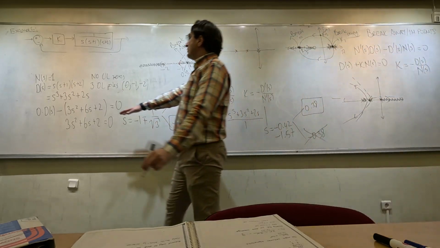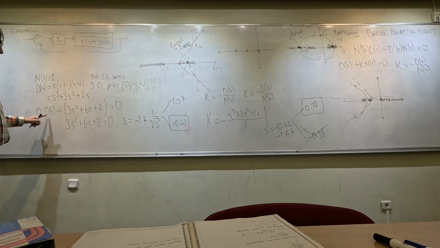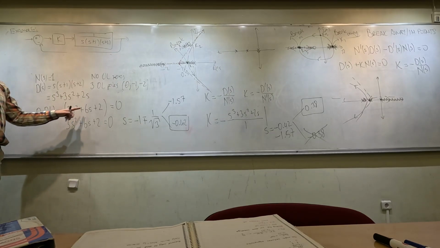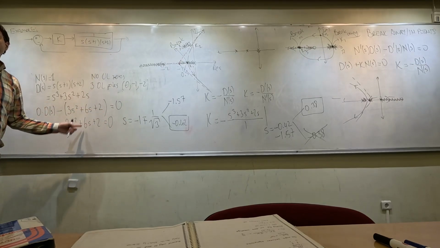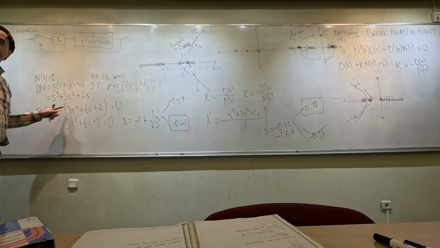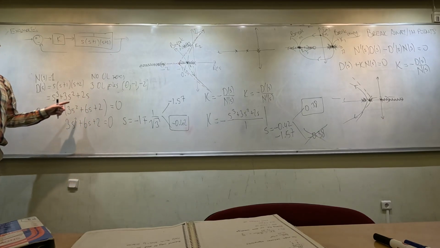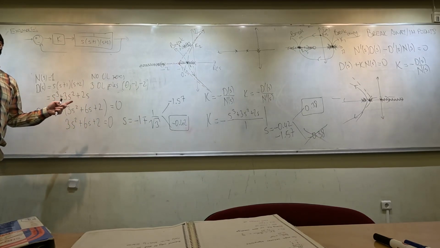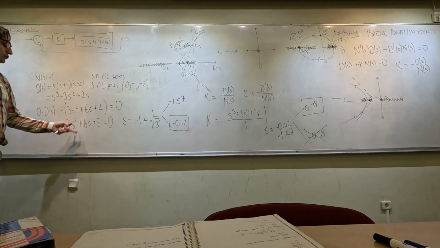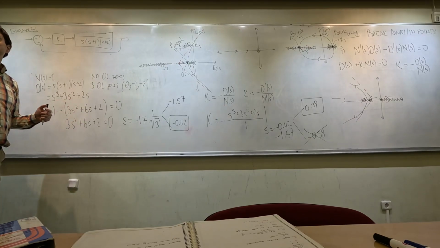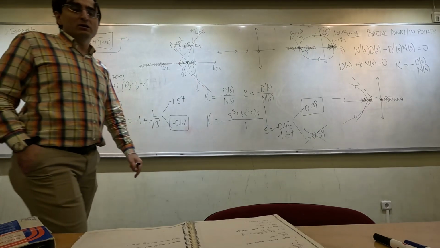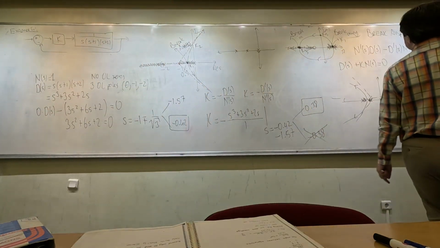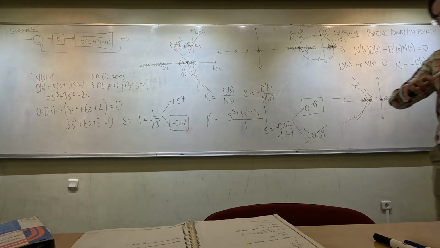Sometimes, if you calculate this polynomial n prime times d minus d prime times n, you might need to use a computer in order to find the roots, because usually this polynomial would have a really high degree, and the only possibility for finding those roots would be just to use a computer. Okay, so unfortunately, this type of calculation is not always possible analytically. You might need to resort to a numerical computational tool in order to find those roots.